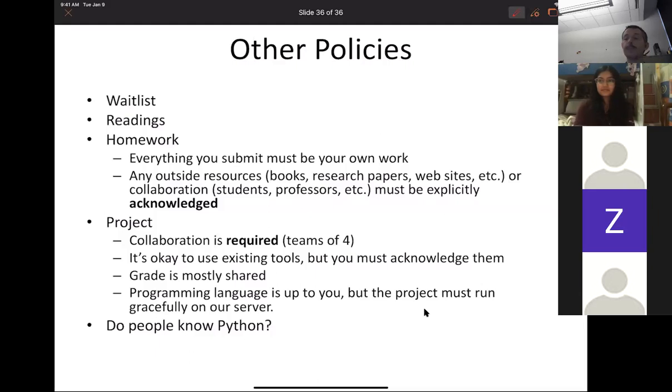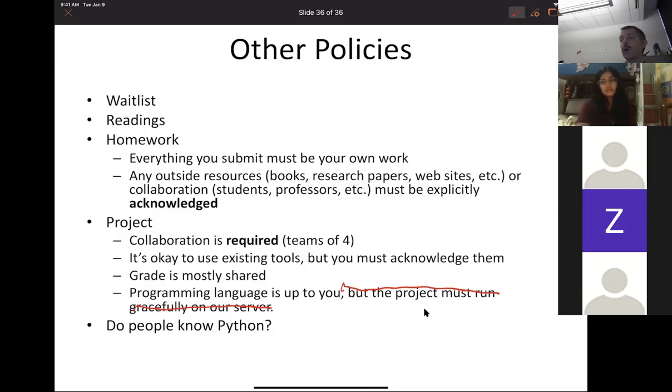The grade is mostly shared unless somebody really doesn't do their job, and then we reallocate points. Programming language is up to you. This says the project must run gracefully on our server. This is not true. Now we have you do everything in a Docker container.